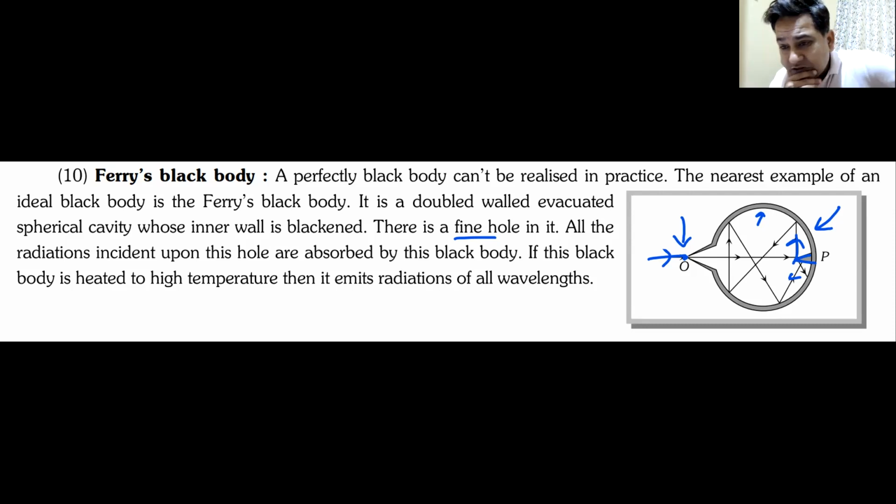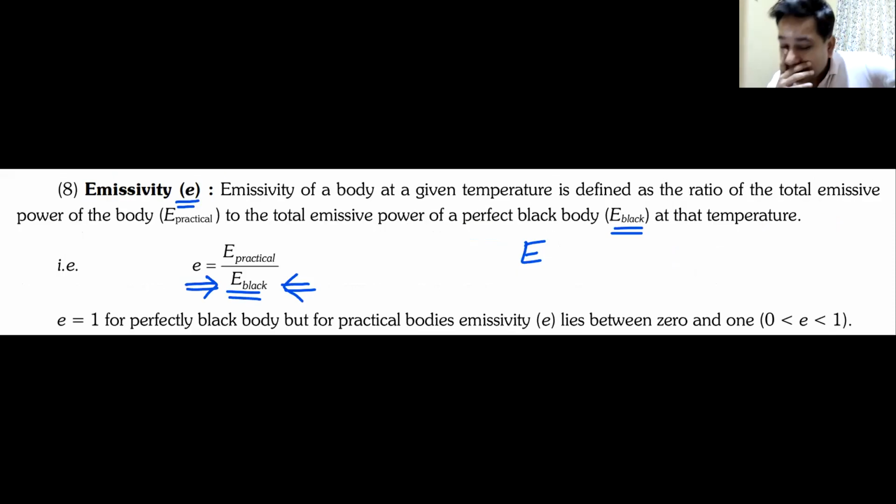Now, since we have understood what a black body is, a perfect absorber of thermal radiation, whatever radiations fall on that body, it will completely absorb everything that falls onto it. Now, we can come across this term and probably it will make more sense now. Capital E is the emissive power, total emissive power.